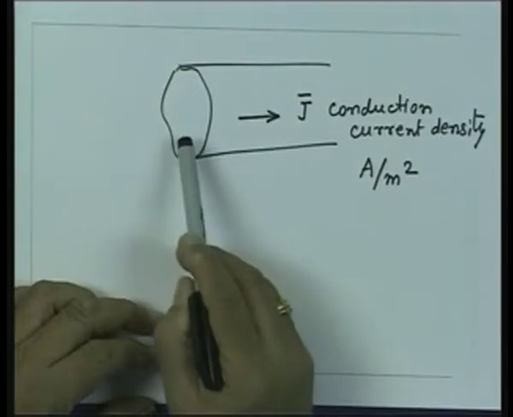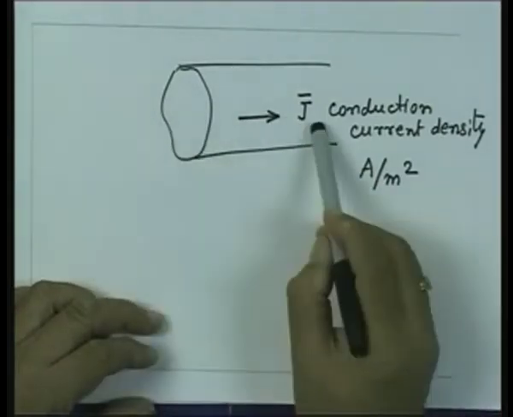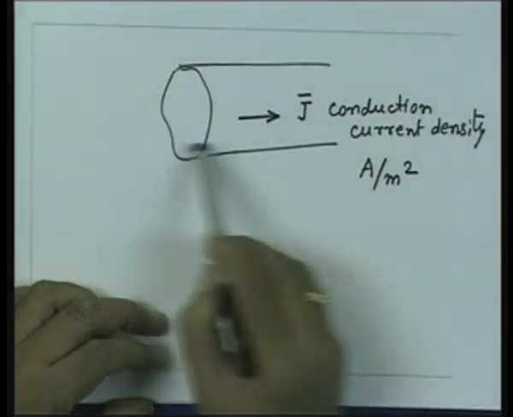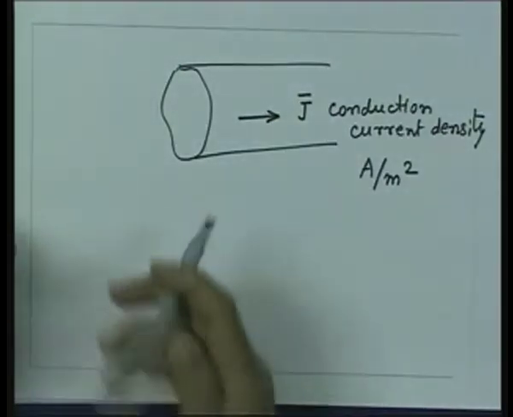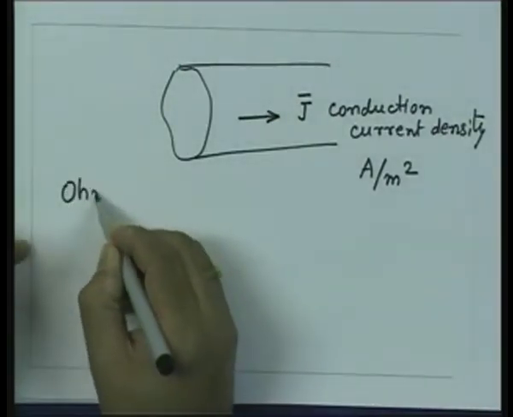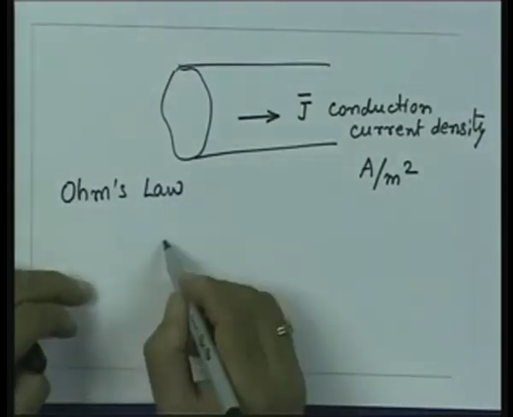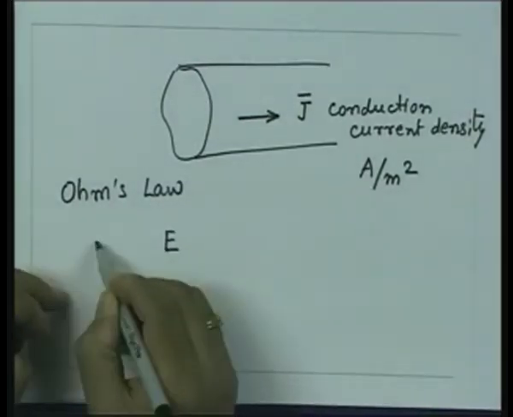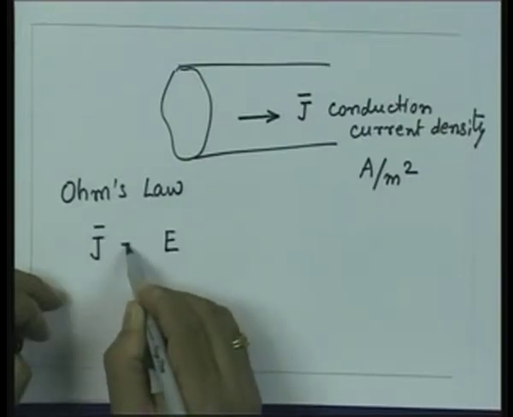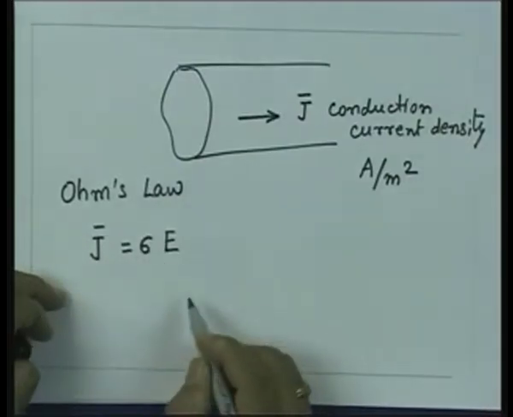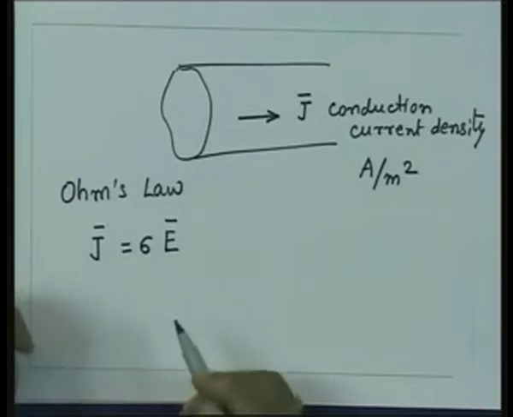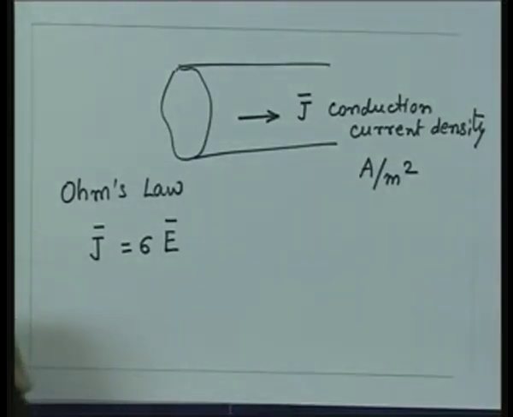So, essentially we have a relationship between the electric field which is driving this current and the conduction current density. So, Ohm's law in general form is the conduction current density J equal to the conductivity of the medium times the electric field.